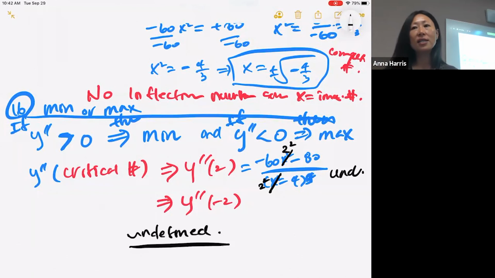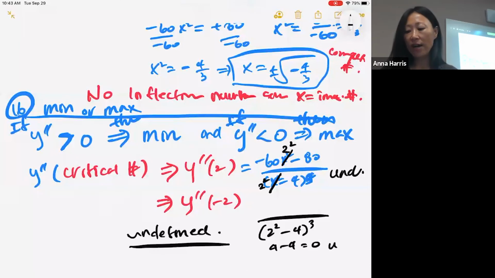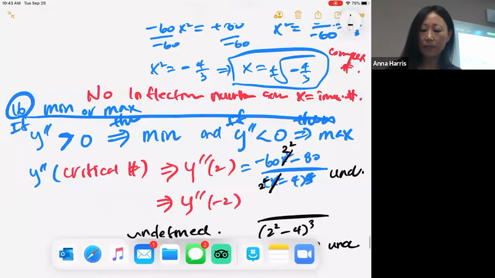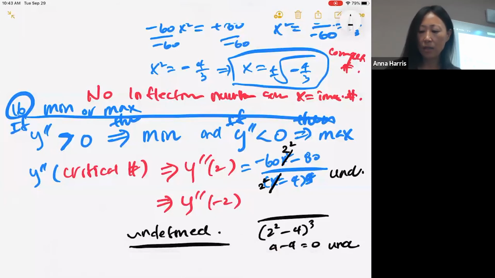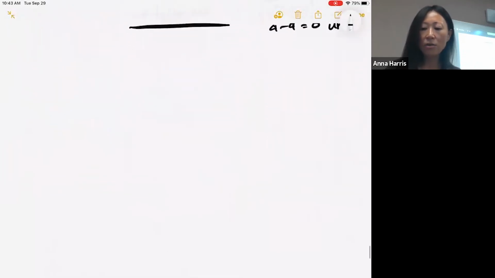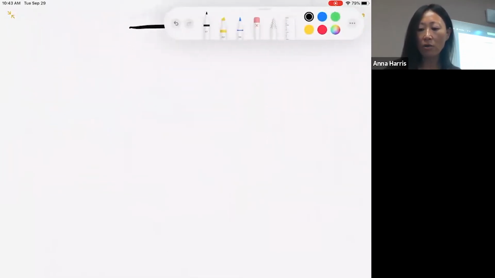Does everybody see it? Look at the denominator. If you plug in 2 squared minus 4, what do you get? 4 minus 4 gives you 0, which is undefined. You cannot have a 0 in the denominator. Okay, so in your case, you have to say undefined. I don't know if it's going to be max or minimum. So let's just see what's going on. I'm going to draw what we know so far.